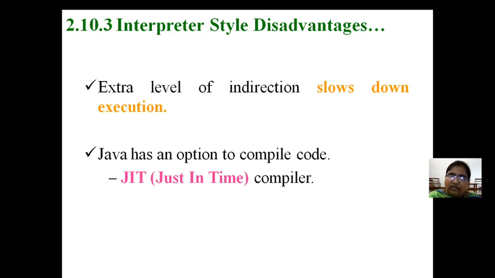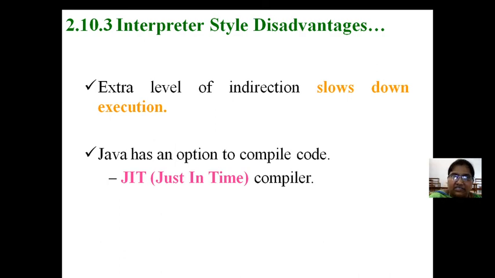Unit 2 is over. So I will just repeat the previous styles. The first style is pipe and filter. The filter is a component, the pipe is a connector. Then abstract data types: in this, the object is a component and the operators or functions are connectors.